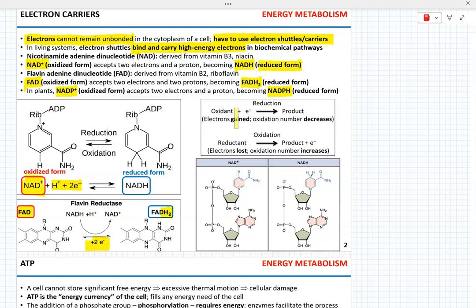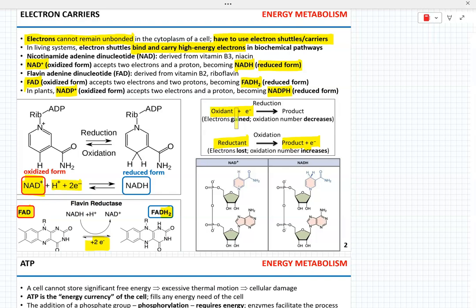So in this situation, NAD plus serves as an oxidant when it gains an electron, and it serves as the reductant when it loses an electron. The same is true for FAD, FADH2.